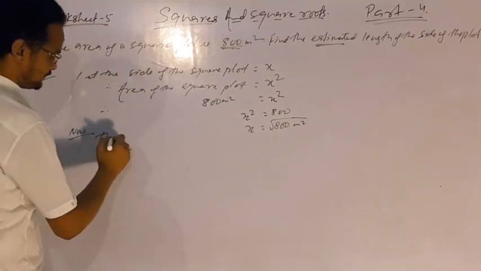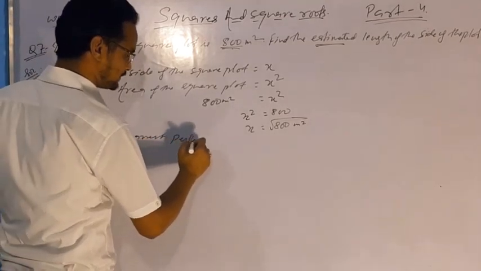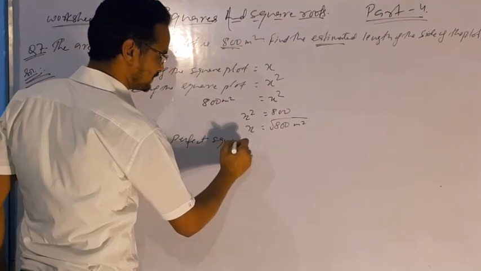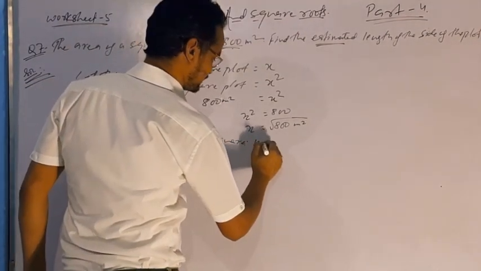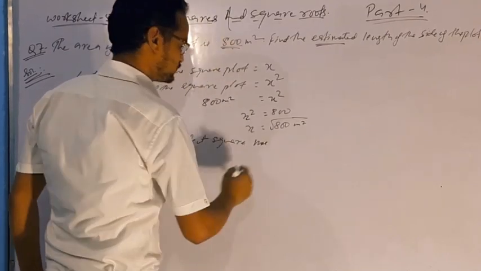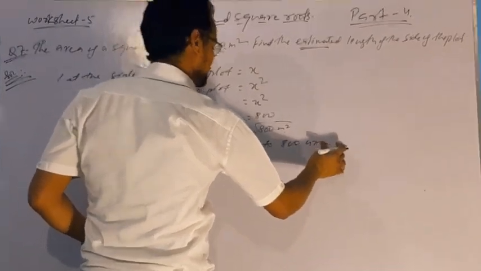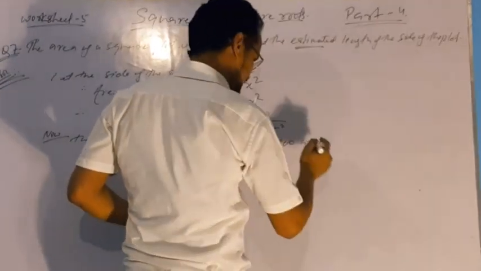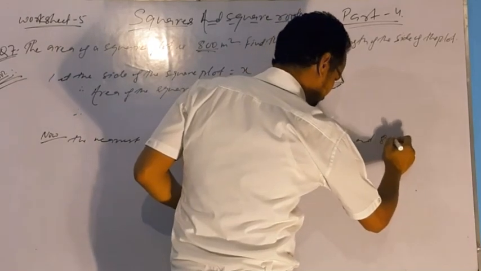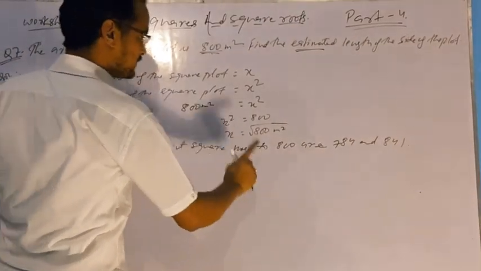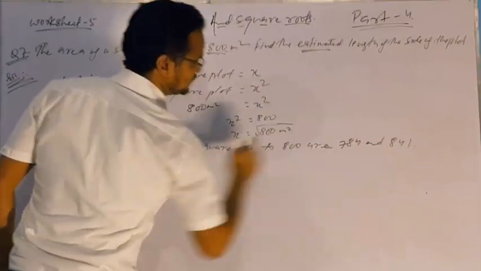Now the nearest perfect square numbers to 800 are 784 and 841. The perfect square numbers nearest to 800 are 784 and 841.